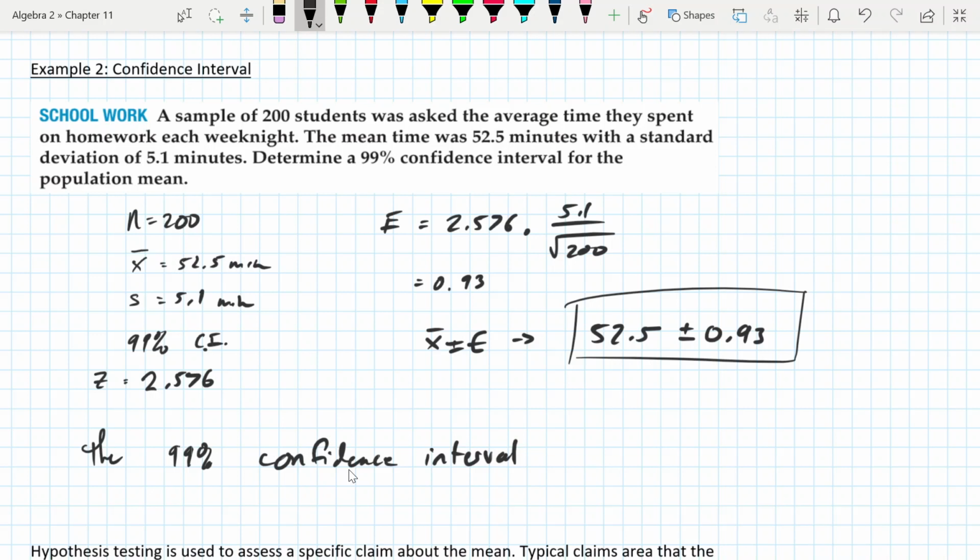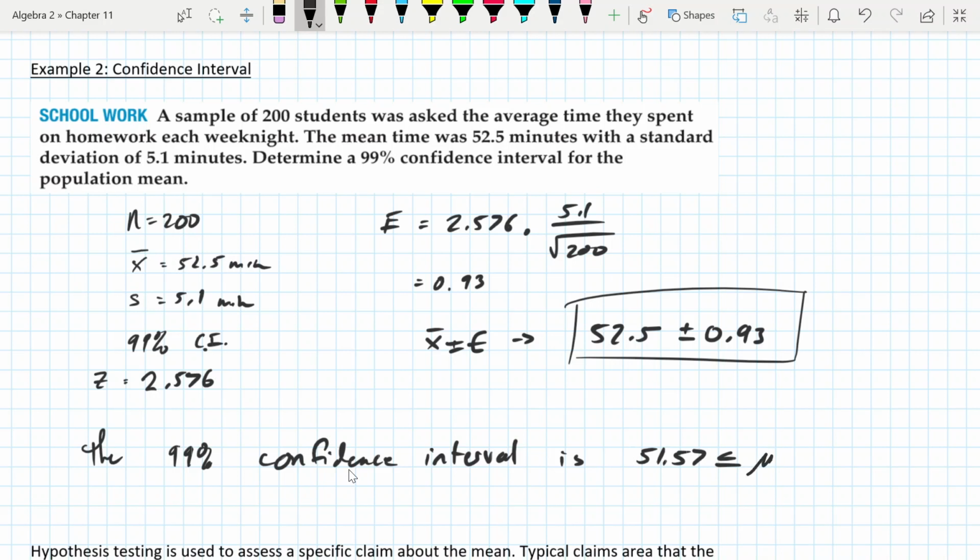So let's just say the interval here is 52.5 minus 0.93 is 51.57, and that's the lower bound.